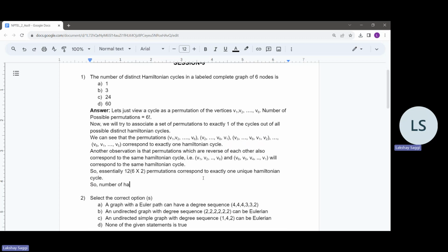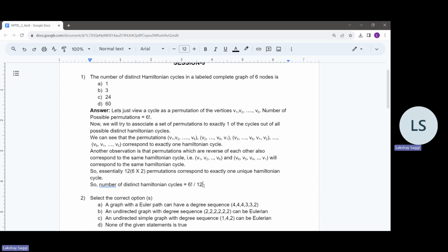So the number of distinct Hamiltonian cycles is nothing but the number of permutations, which are 6 factorial, divided by this number 12, because the total number of permutations was 6 factorial, but 12 of these correspond to one cycle.